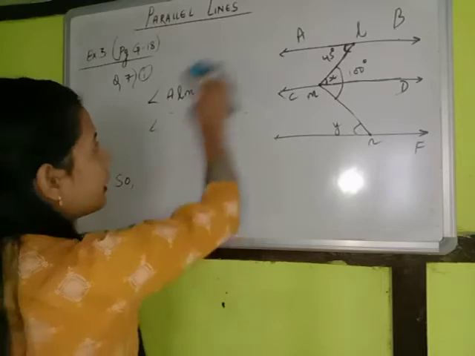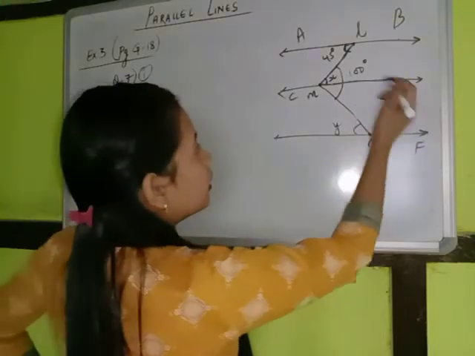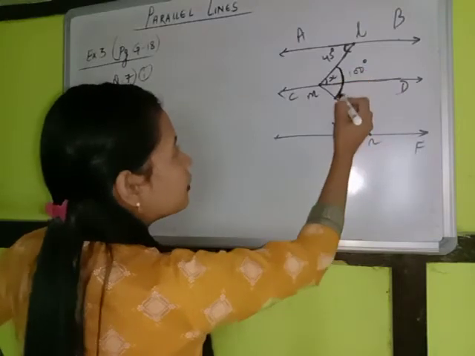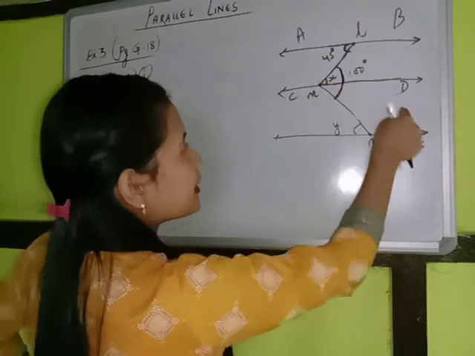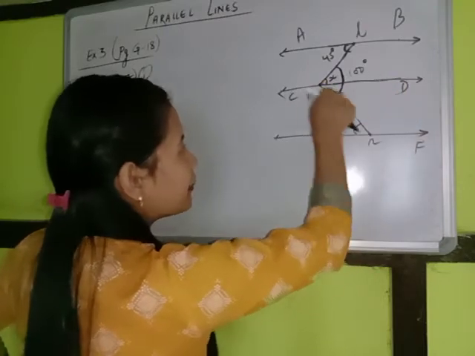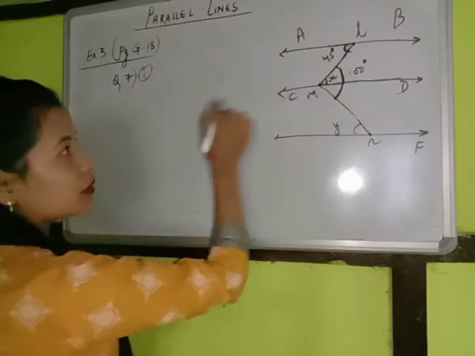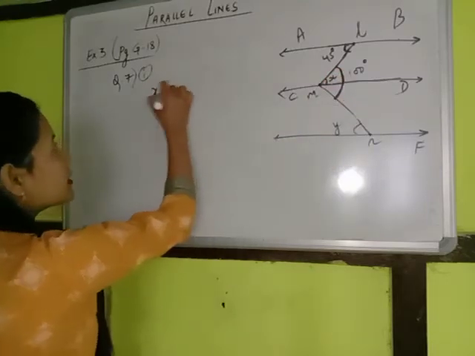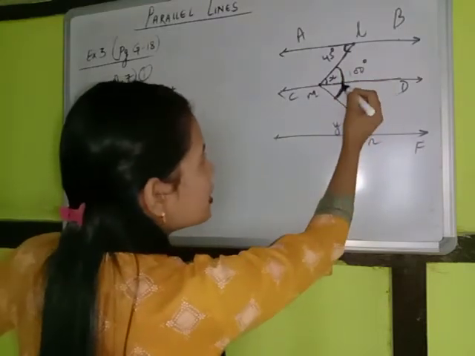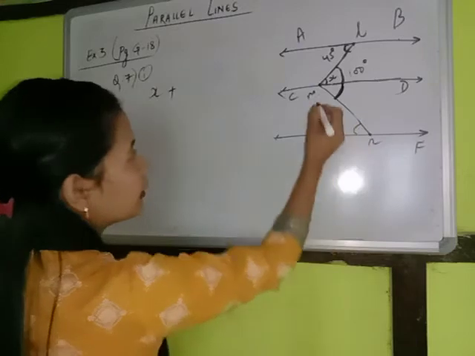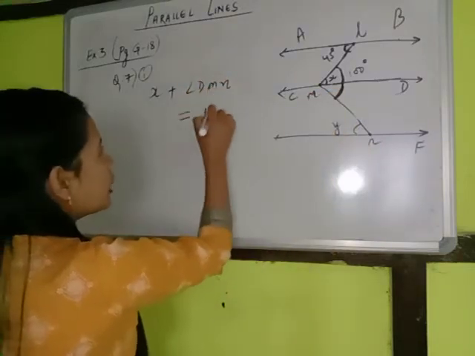Okay, now if you see here, this whole angle measures 100 degree, right? So this angle x plus this angle DMN, look at the figure. From the figure only we are getting all the answers. Okay, so this angle x, the smaller angle x, and this angle DMN make 100 degree.